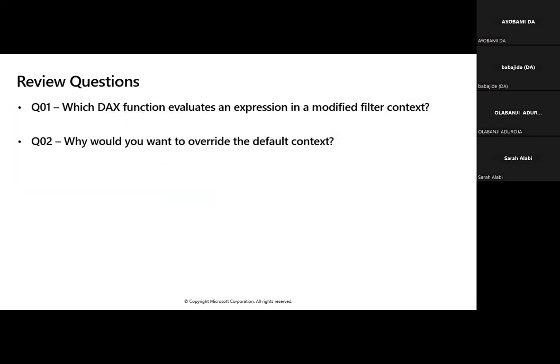I've come to the end of that theory. I'm moving faster than you see it practically. Which DAX function evaluates an expression in a modified filter context? Which function does that?